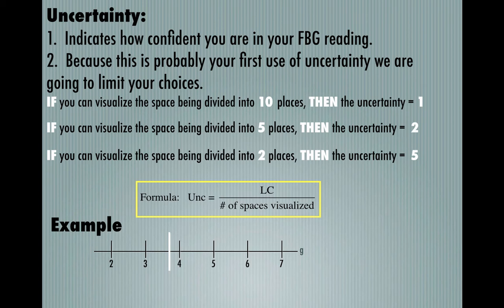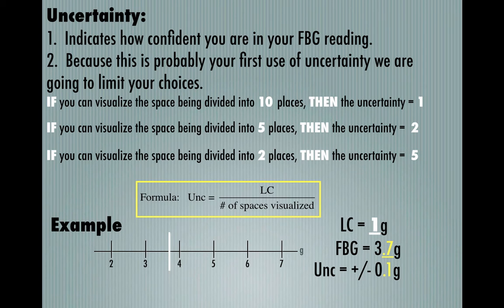I can estimate where the 5 is, and whether it's a 1 or a 4. So I'm pretty confident in this. So I'm going to say my least count is 1. My first best guess is 3.7 grams. So my uncertainty is going to be plus or minus 0.1 grams.